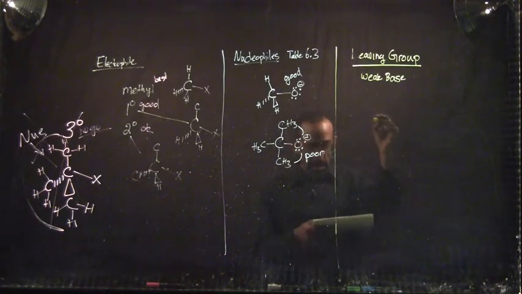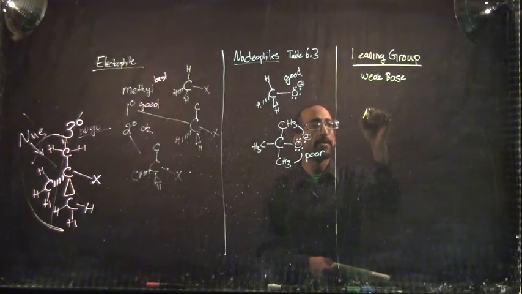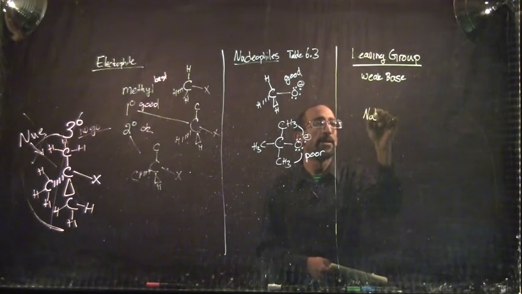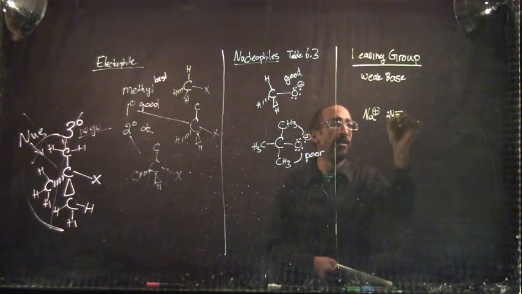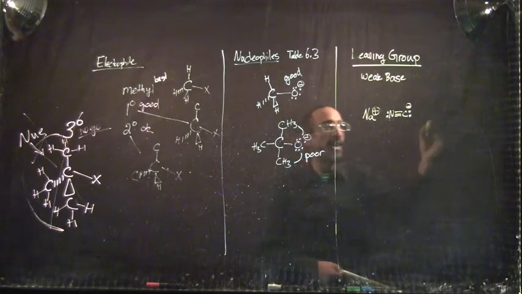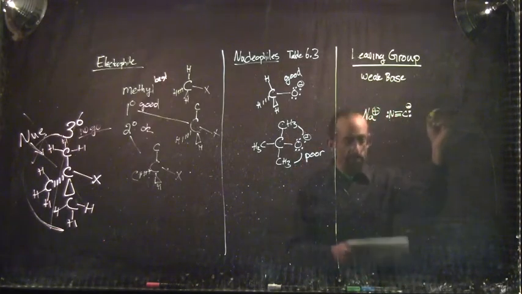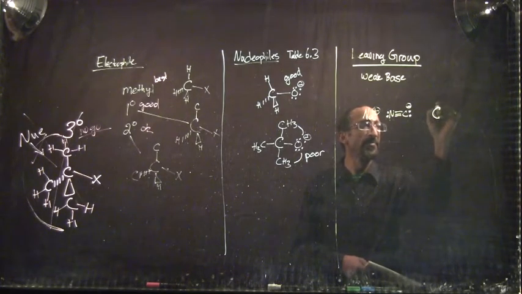So here now, we're going to have sodium cyanide as our nucleophile. Again, I've got a Lewis base as my nucleophile. And then I'm just going to do methyl bromide as my electrophile.